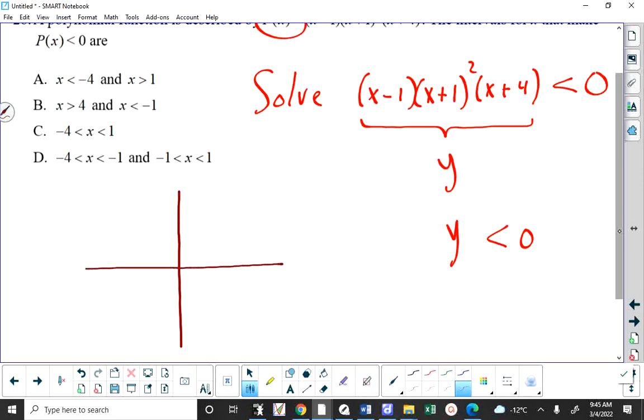And you know, I just want to go through graphing it on paper first, because sometimes your graphing calculator might not show you a really good picture. It might not be clear what the graph is about. This particular function has an x-intercept at 1 and negative 1, and it also has an x-intercept at negative 4.